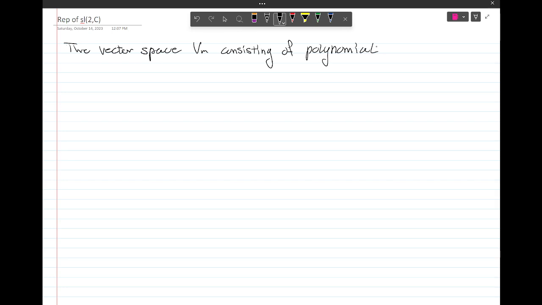So what we will first consider is the vector space Vm consisting of polynomials in two complex variables that are homogeneous.